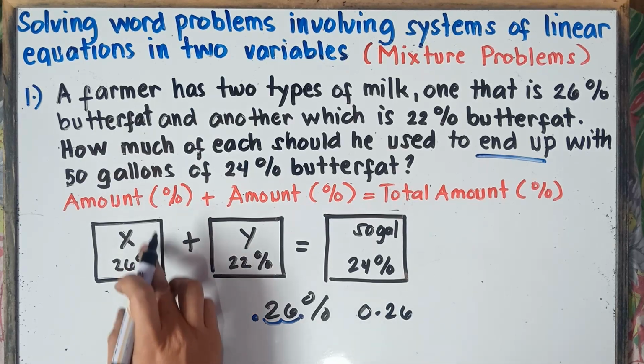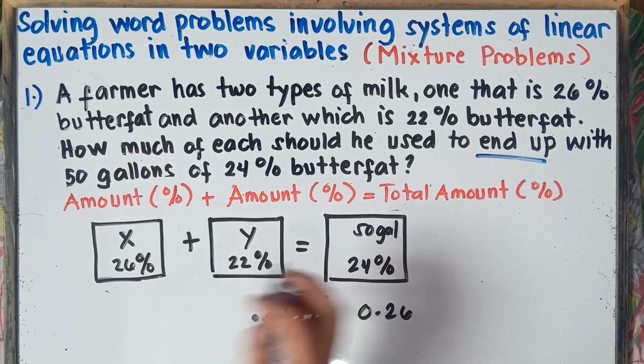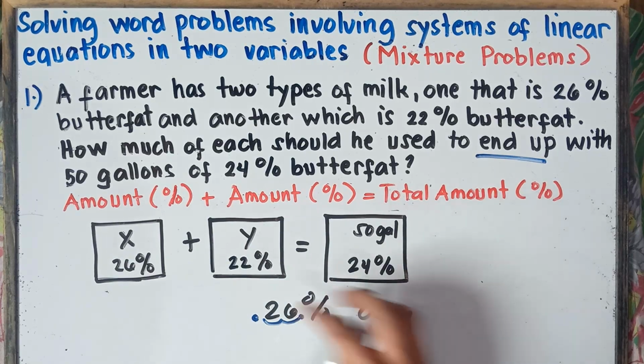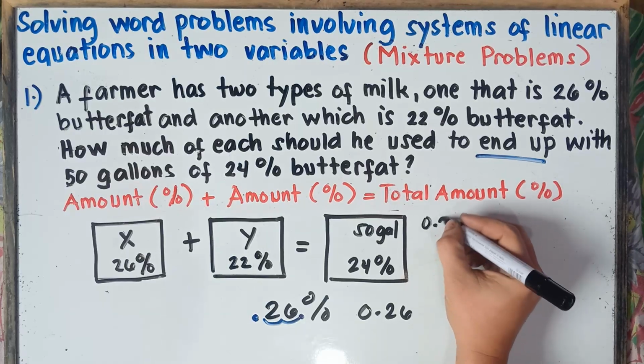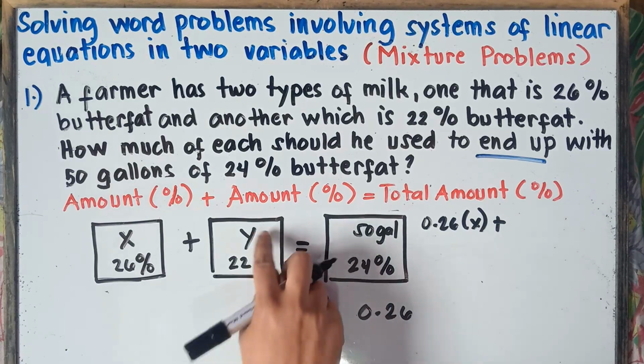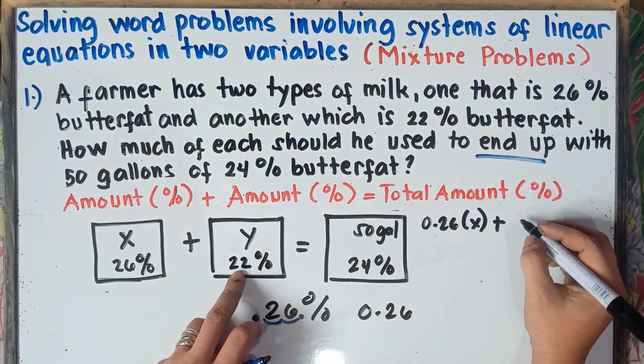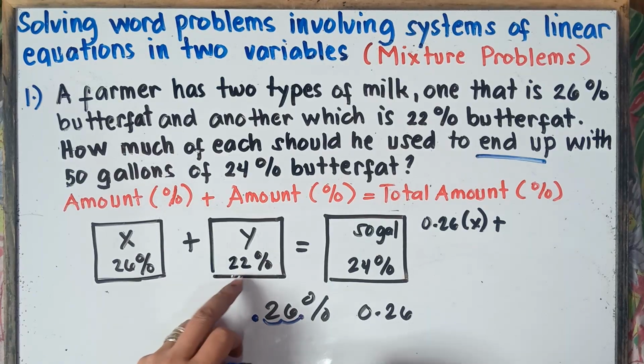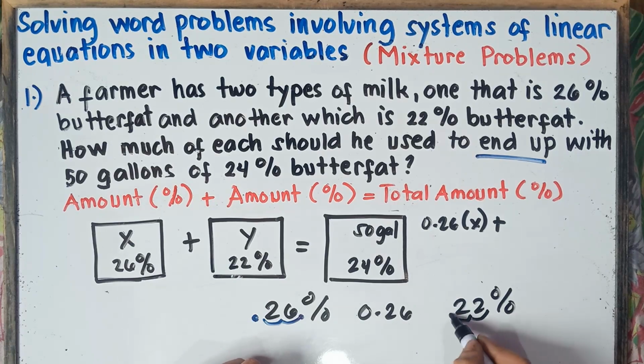Then 0.26 multiplied by X would be 0.26X. Plus, multiply 0.22, once again, 22%, simply move the decimal point right to left twice, 1 and then 2.